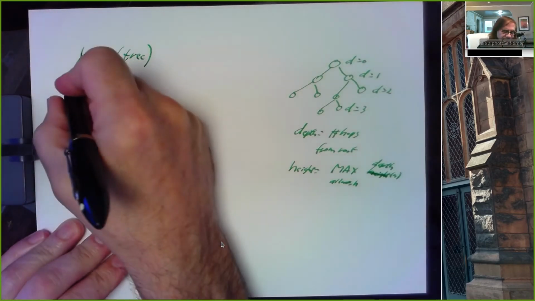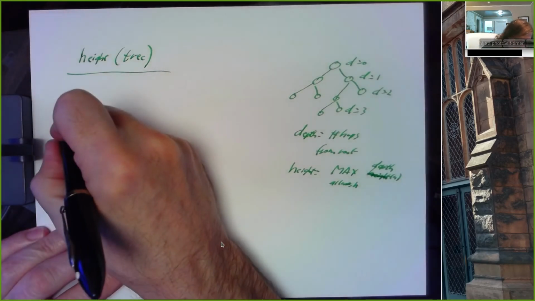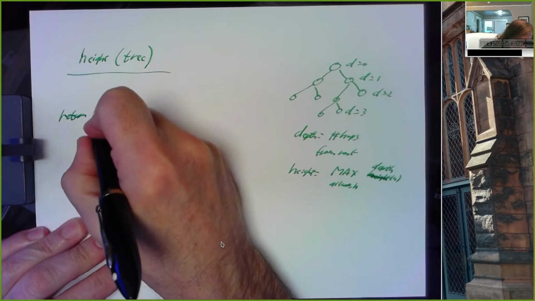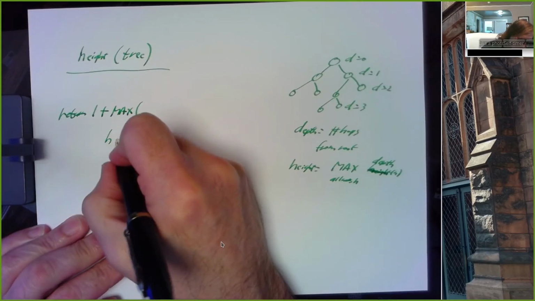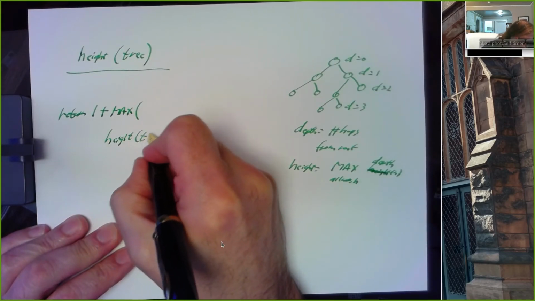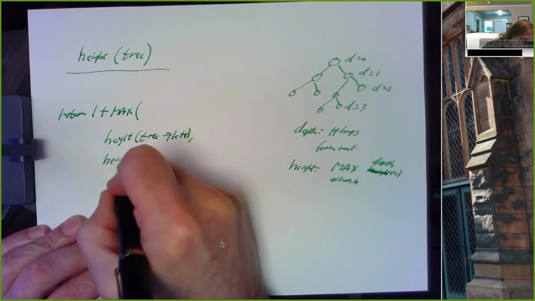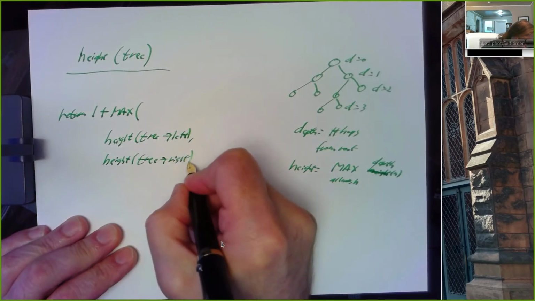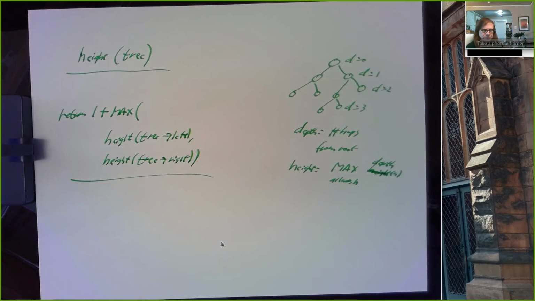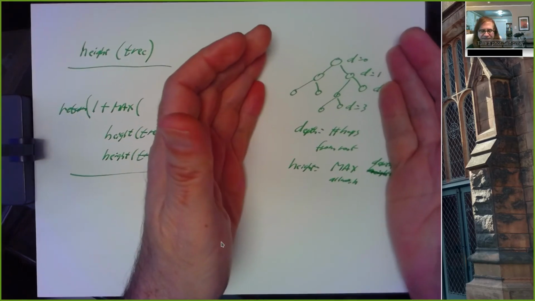So what's the height of a binary tree? It's 1 more than the maximum of the height of the left subtree and the height of the right subtree. So think about this logically. How do I find the height of this tree?